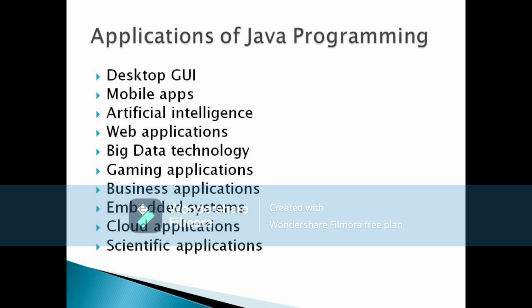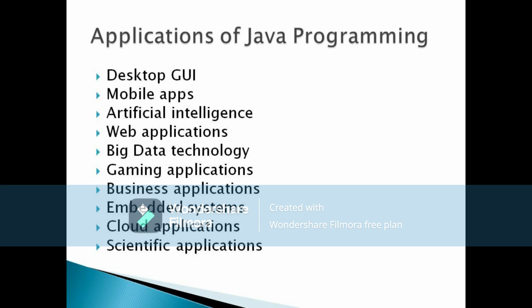Then for embedded systems, it refers to the combination of small units that combine to perform the collective function for larger systems, right? So Java is a very good choice for that. Then cloud applications for cloud computing, where we have on-demand access to computer sources without direct management by the user.